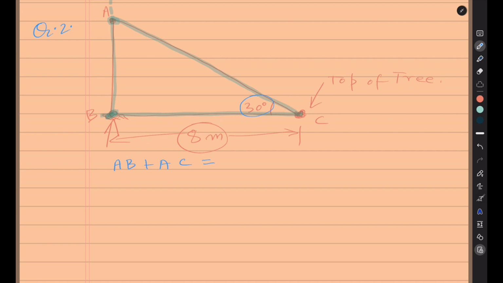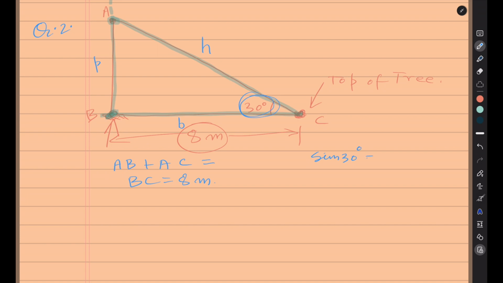Again, it's given that BC is 8 meter. So now again, this part AC will be the hypotenuse, that we will denote by H, and as this is the 30° angle, in this right angle triangle, this will be the base and this will be the perpendicular. So let us apply the rule for sine.